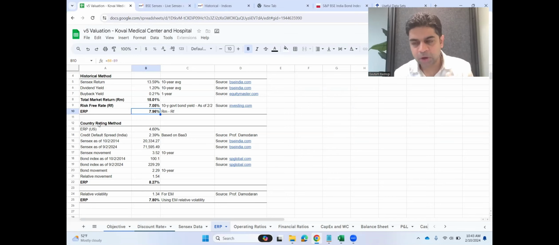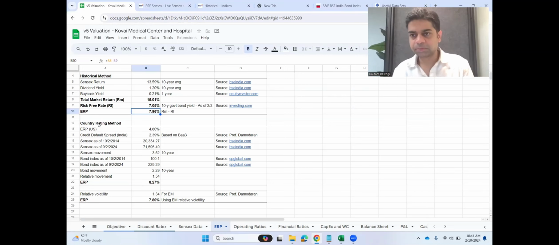That would complete our discount rate calculation, and then we can get on to valuing this business, because we'll have the discount rate. All we need to do is estimate the free cash flow and then discount it to the present using the discount rate that we'll estimate. If you have any questions, feel free to write to me.